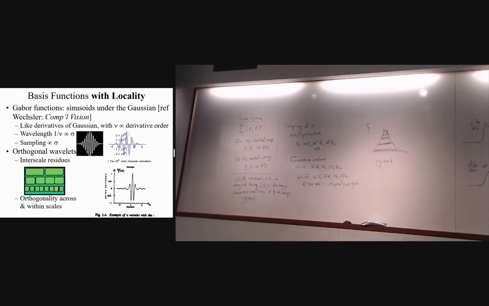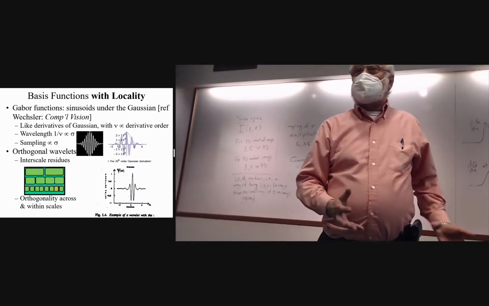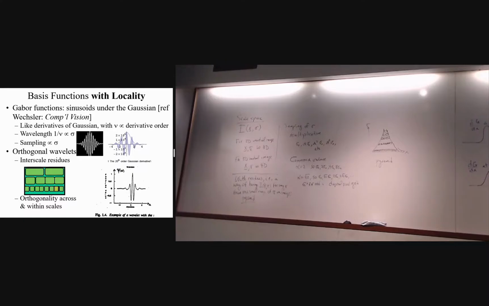Although you could, in principle, for a given aperture, use an arbitrary wavelength, you don't want to do that. The idea is that if you want small level of detail information, you should use a small aperture, and if you want large level of detail information, you should use a large aperture.